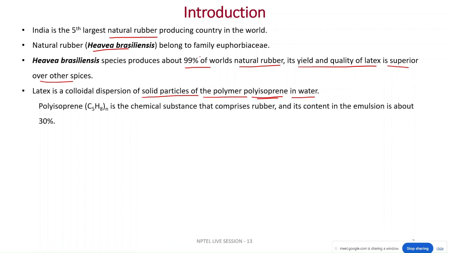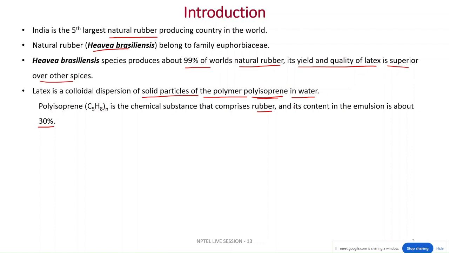Now this natural rubber is the polymer form of the isomer isoprene. So it forms polyisoprene, which is the chemical substance that comprises the rubber, and its content in the emulsion is about 30%.